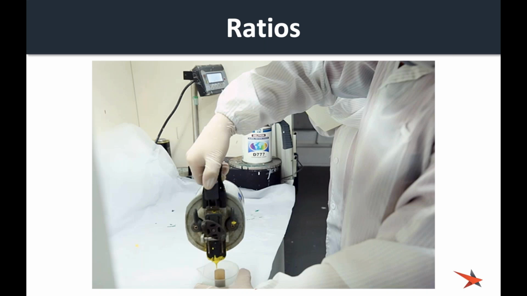First, we measure the precise weight of each of the constituent colors, both before and after the color mixing. This data then gives us a ratio, which we record for that specific customer and for that batch. We can then use this ratio in the future if we need to make more of the same color.